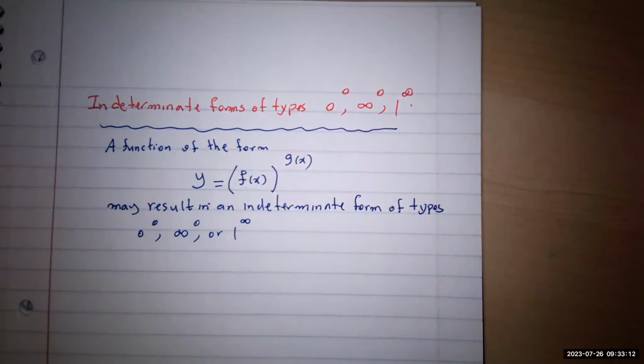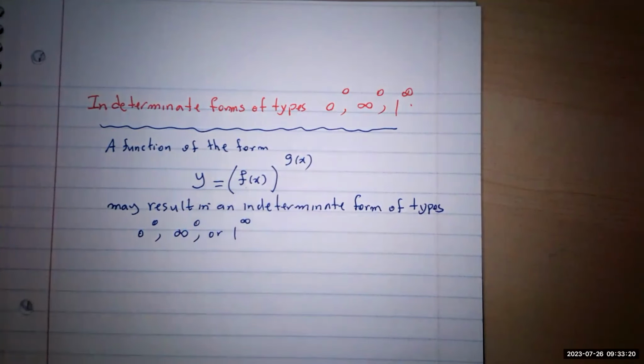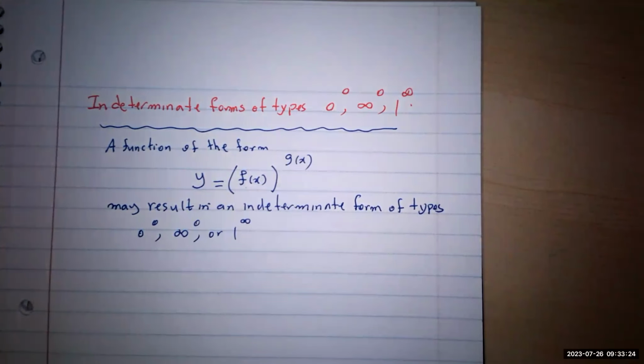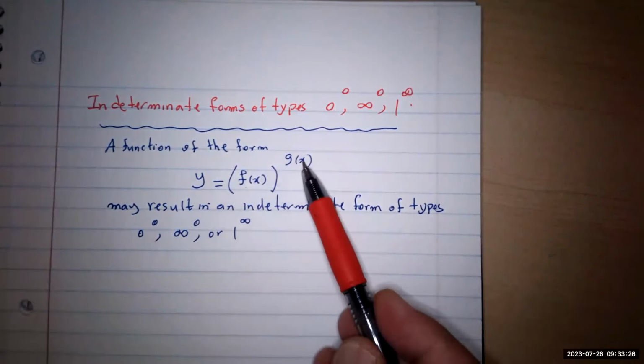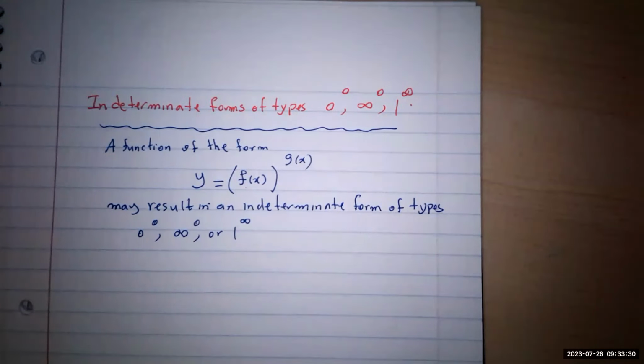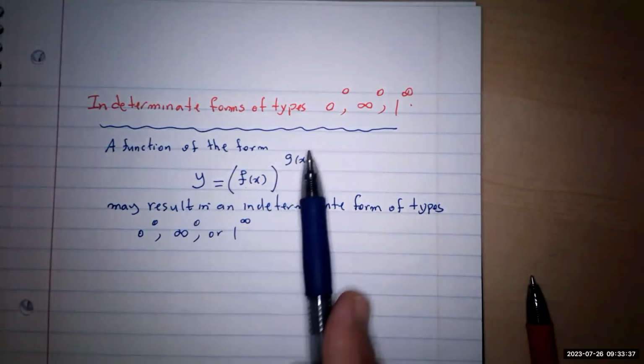So if you have this type of thing, how are you going to find the limit? Like anything you want to do in calculus, when there is a function in the exponent, you have to bring it down. The only way that you can bring this function down is if you have a natural log. So as soon as this is given to you, you have to take the ln of both sides to bring that function down.